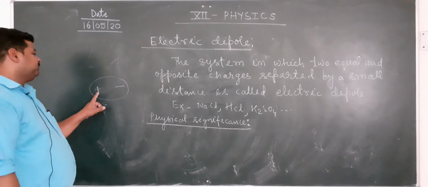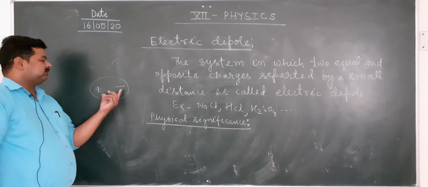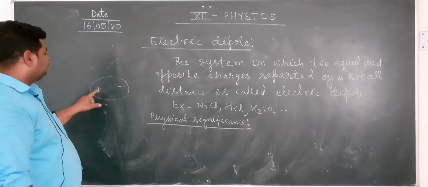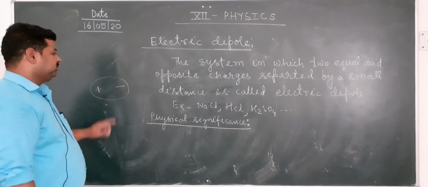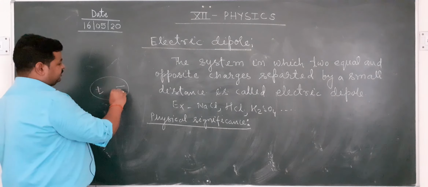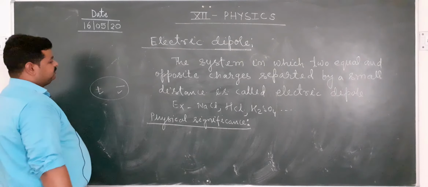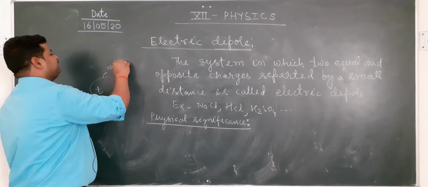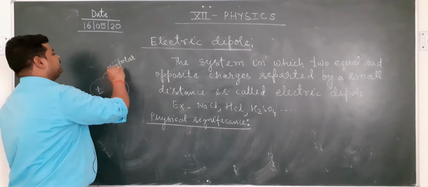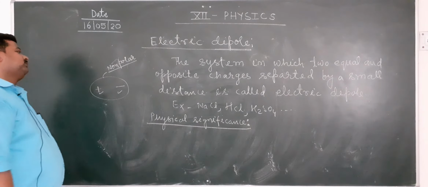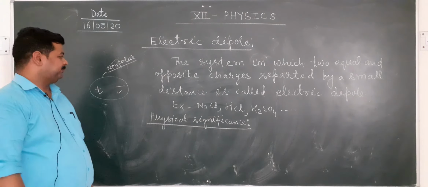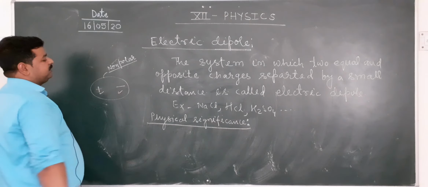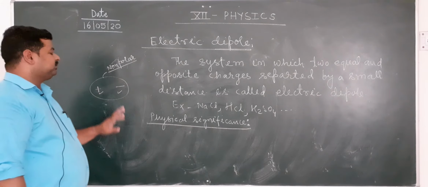Clear? If the centers of mass of the positive and negative charges coincide with each other, then it is called non-polar. That is, it does not show the property of an electric dipole. If they coincide, the existence of positive and negative charge will disappear.